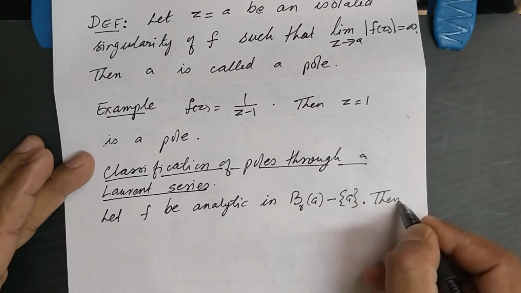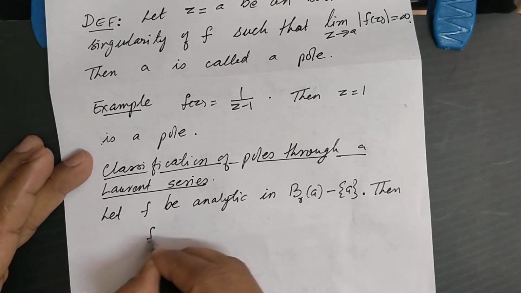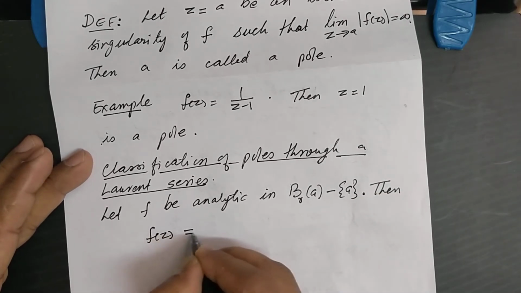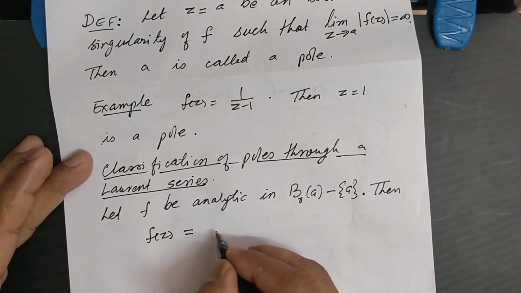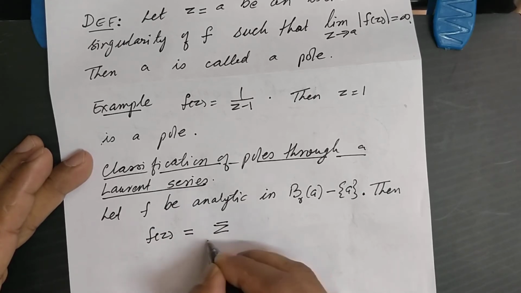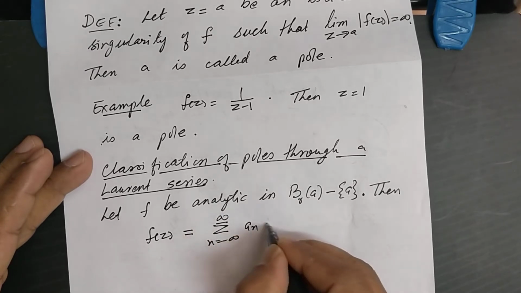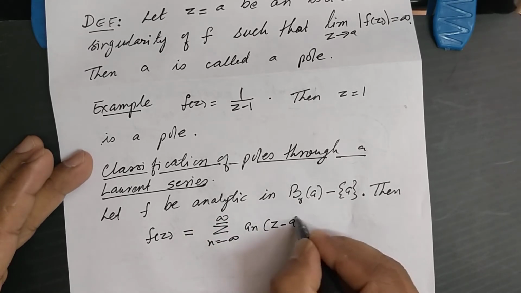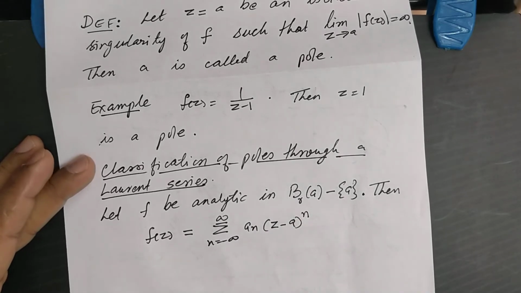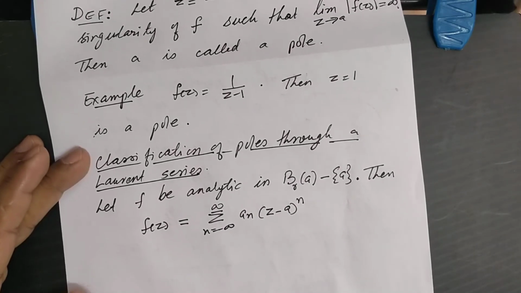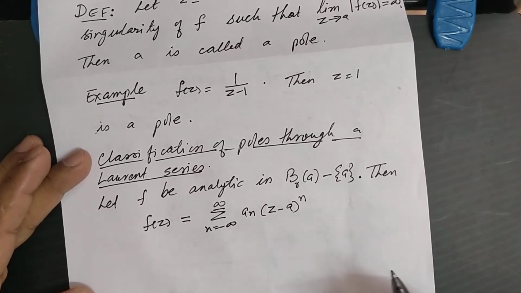Then, this is a theorem, f of z can be written as sigma n equal to minus infinity to infinity a n z minus a raised to n. Alright, that's a theorem.